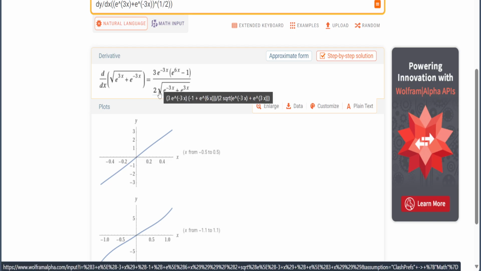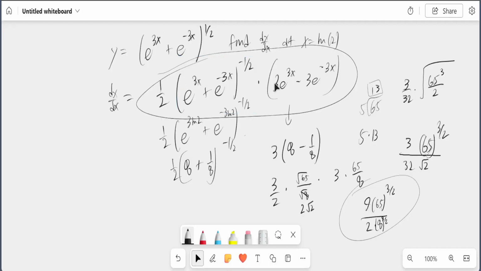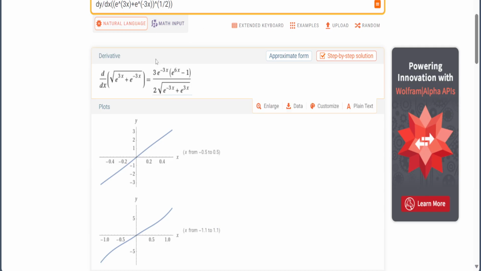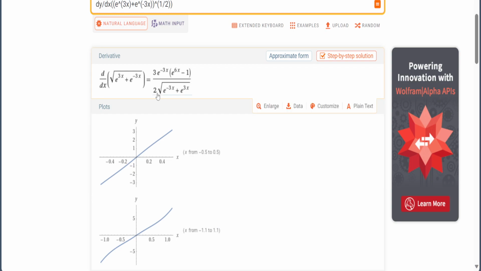Okay, so 3 over 2. What did we get? 3 over 2, e to the negative 3x, and then e to the 6x minus 1. Okay, so Wolfram Alpha got what we got.